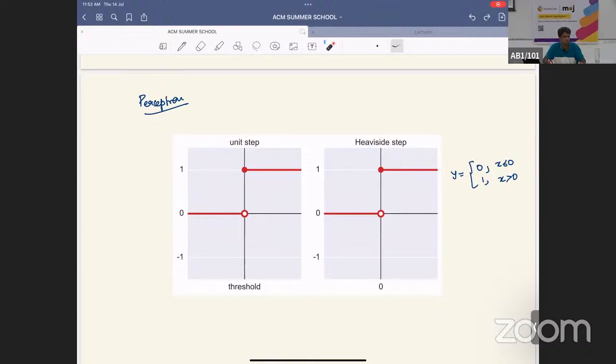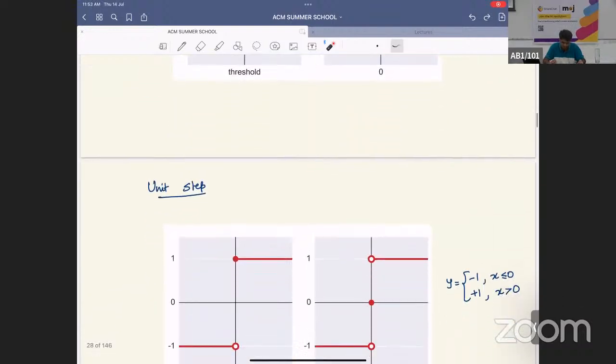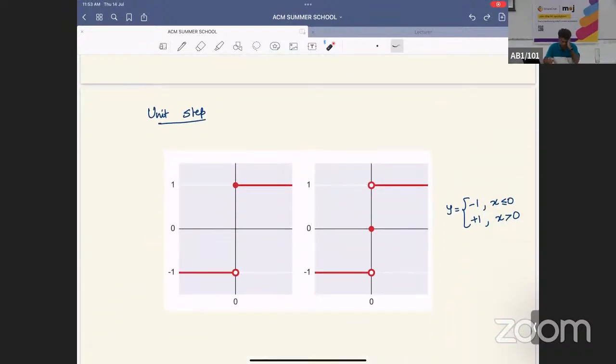Okay. The operation of this is similar to your clamper circuit. In electronic circuits, you use a diode to design a clamper circuit, right? So something similar. And this is another variant of that, where all the positive values are clamped to 1 and all the negative values are clamped to -1, right?